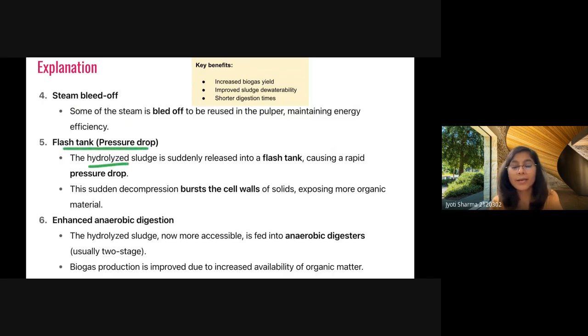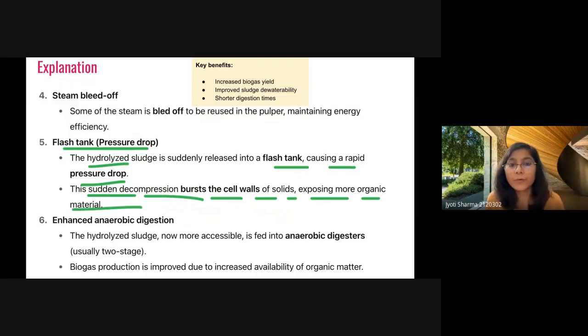The hydrolyzed sludge is suddenly released into the flash tank. This causes a rapid pressure drop, and this sudden decompression will burst the cell walls of the solids, exposing more organic material, and this is how this will improve the digestion process.